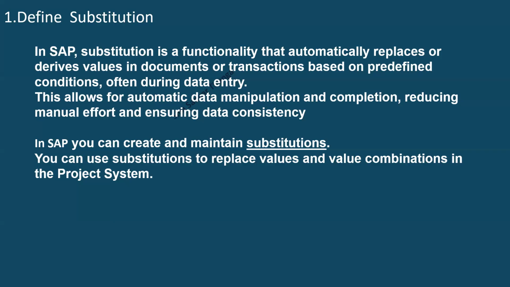Yeah, again, it depends on the structure to structure. We may require it, we may not require it. When will we come to know this? For example, assume that during the implementation phase, you have not implemented any substitutions. Then while creating the project, what will the end user do? For our project profile, our project profit center is something like, for example, one all zeros one. Assume that.